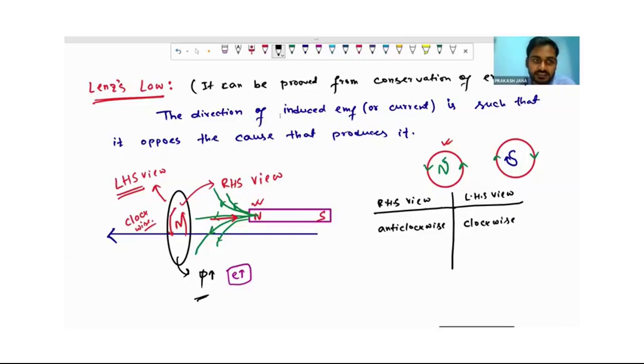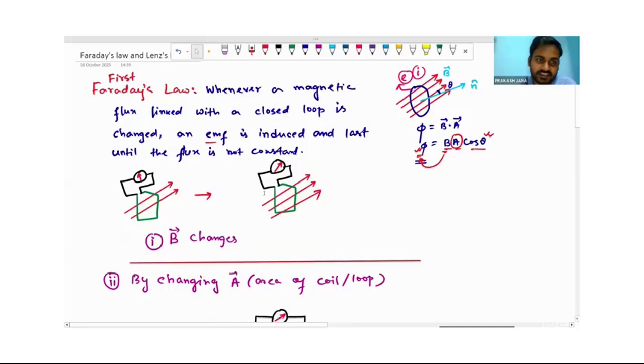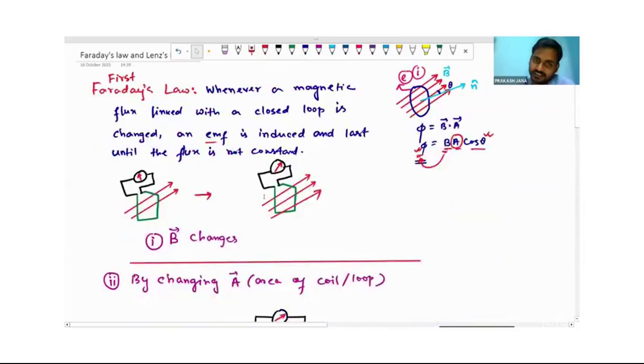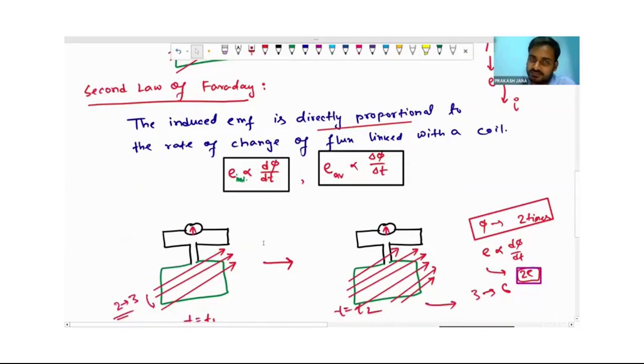Okay, now let us recap once. We first discussed the first law of Faraday and the second law of Faraday. The first law says if there is a change in magnetic flux, there will be an induced EMF. And the second law says it's all about the magnitude of the induced EMF.